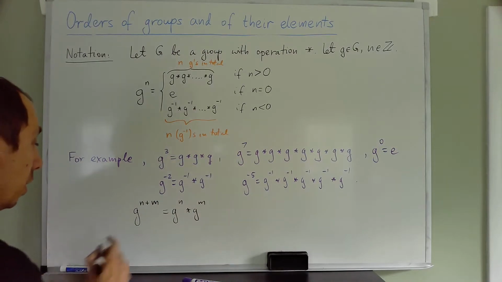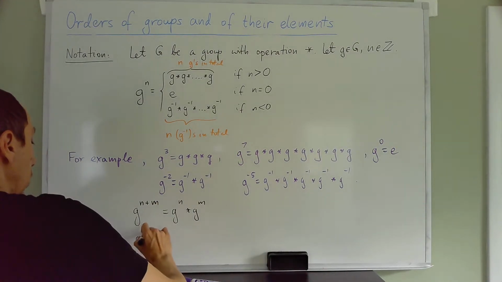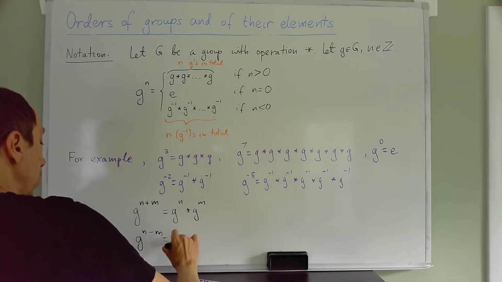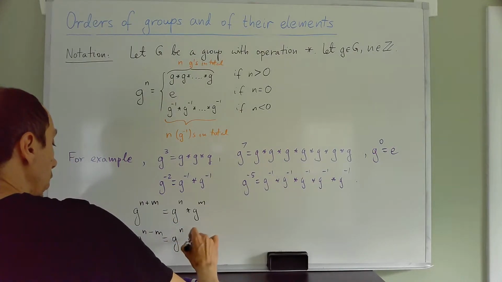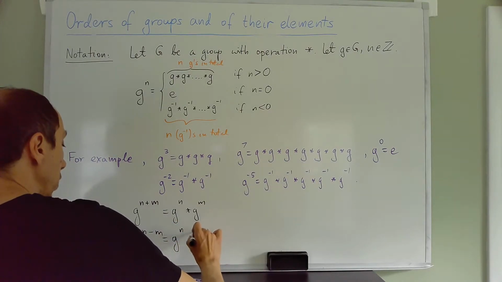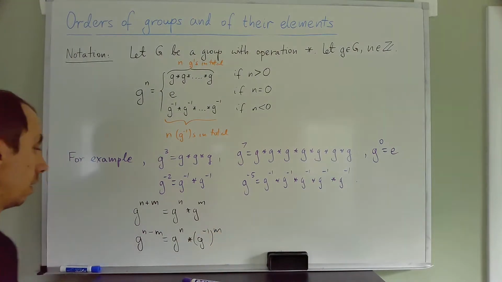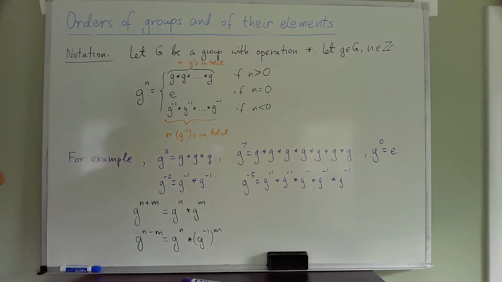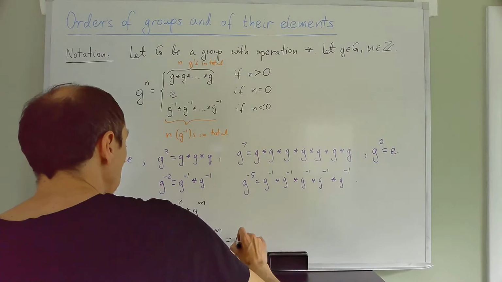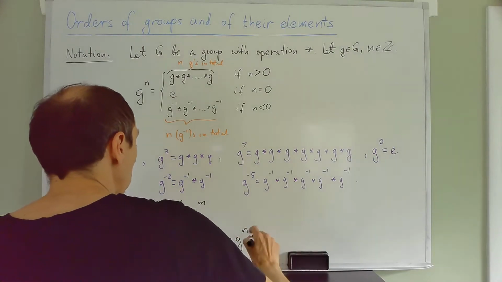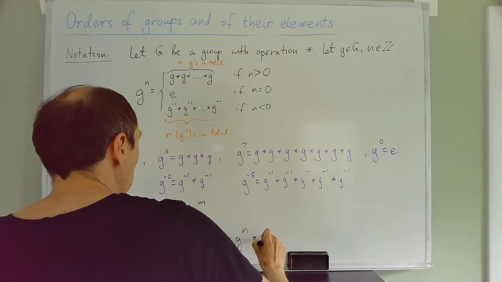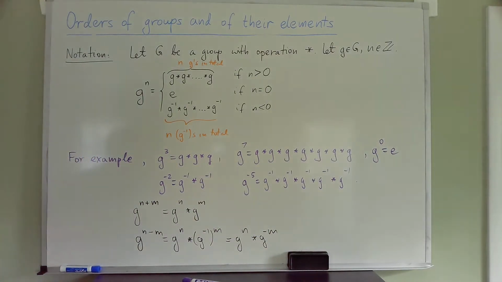So that's one formula. g to the n minus m, that's g to the n star g inverse to the m. Or which is the same, right? That's g to the n star g to the minus m. And that's just clear directly from the definition.